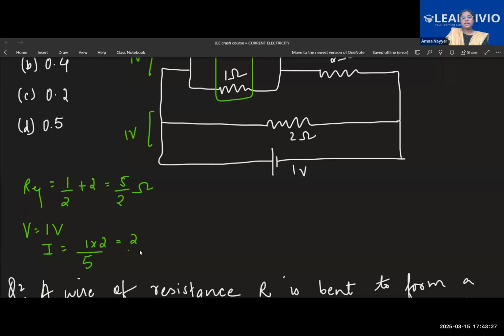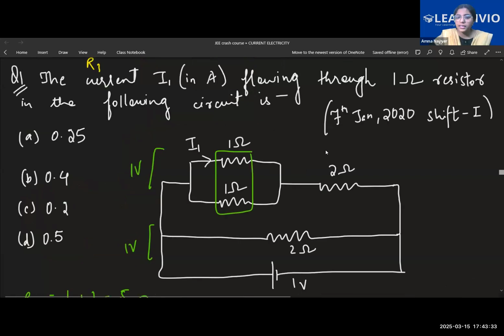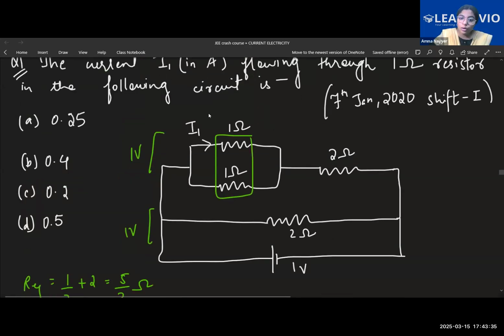So I get the current 2 by 5 amperes. But this 2 by 5 amperes is not the current that we are looking for. This is the current across both of these combinations. So the current will remain the same. If this is flowing as 2 by 5 here, it will be 2 by 5 here also, and it will be 2 by 5 here also, right?